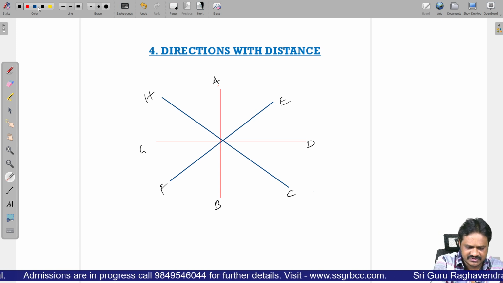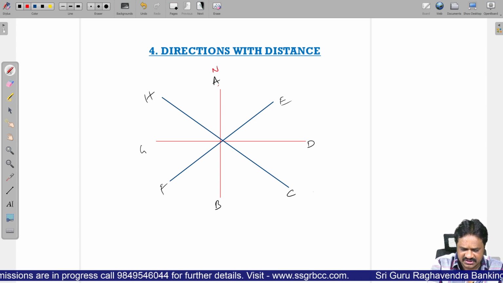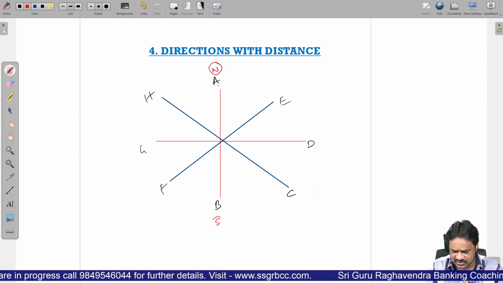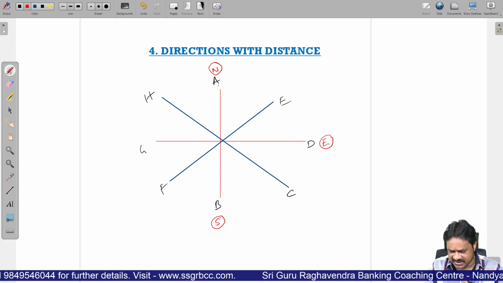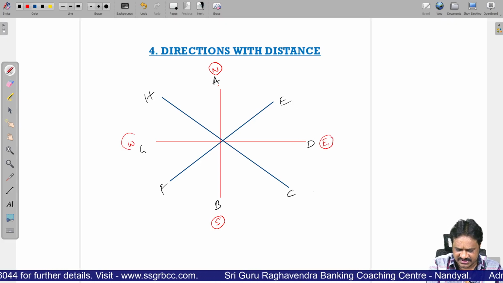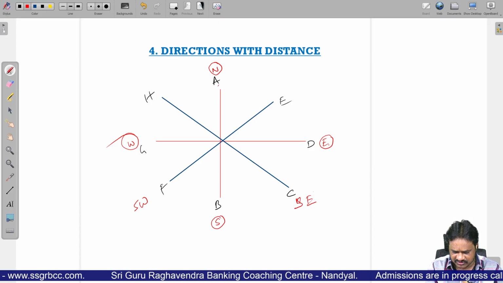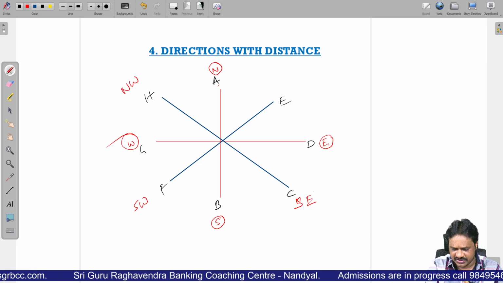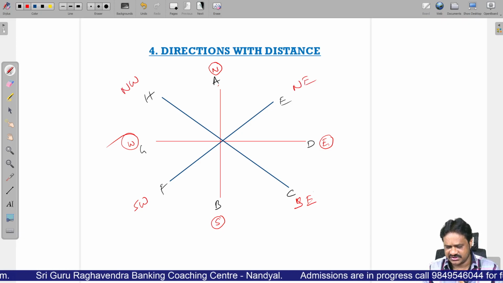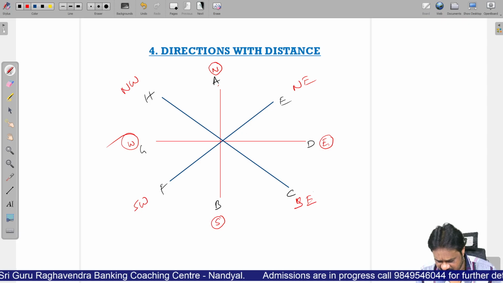Once again I am telling about the directions: north, south, east. Our right hand side is always east. Left hand side is always west. Then this is southeast, this is southwest, northwest and north. These are the 8 directions.